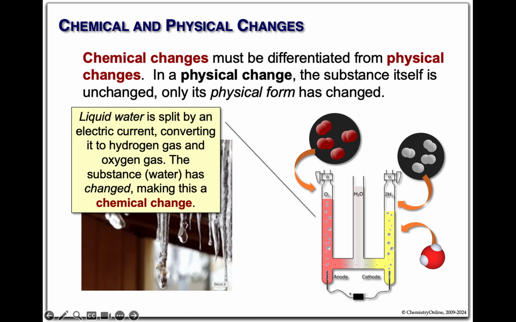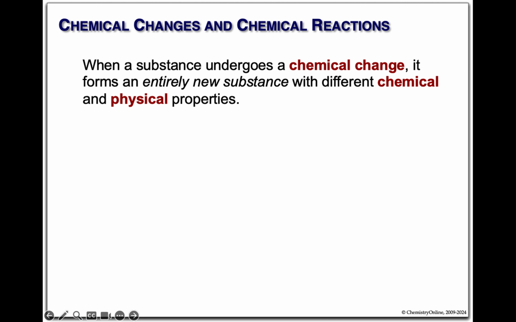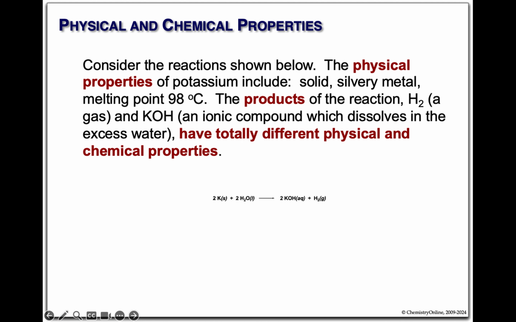An example. This is a fun reaction. We are going to take potassium. We're going to react it with water, and we're going to form new products. Potassium is K, isn't it?